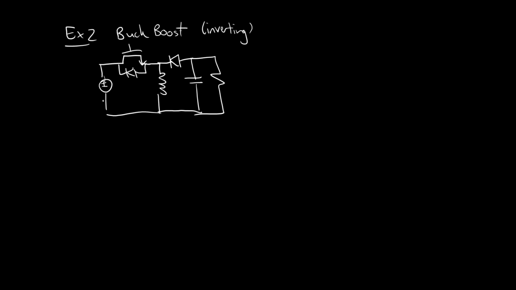This is the buck boost converter. It's inverting, which means that the output voltage is negative. Or really, it's inverted from the input. But in this one specifically, it's negative because I've shown that the input is positive, right? Which means if it flips, then the output should be negative.